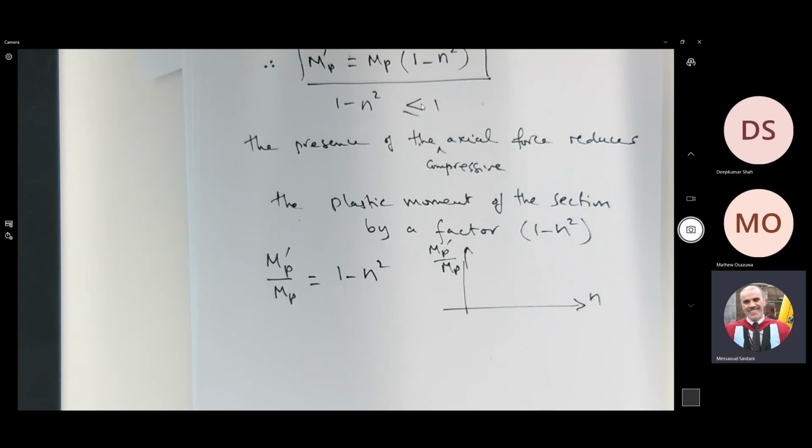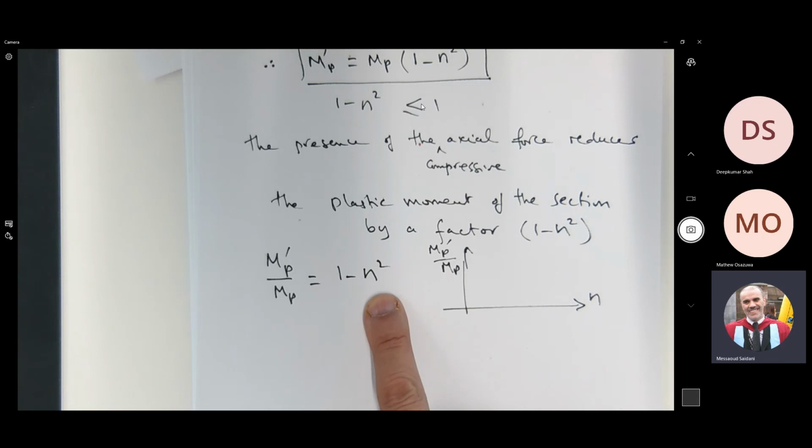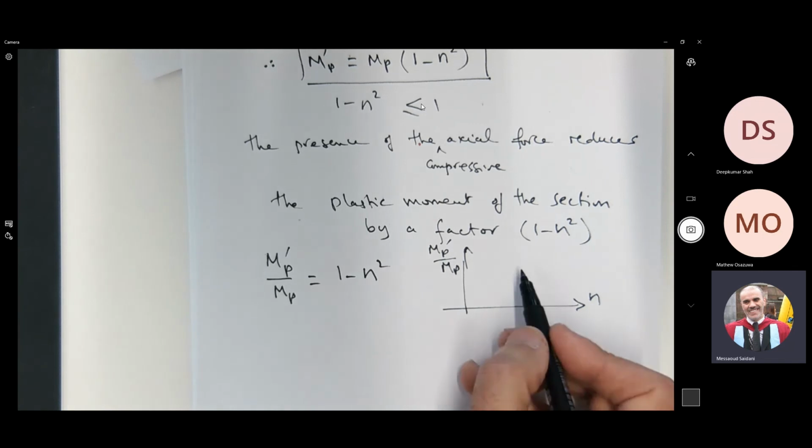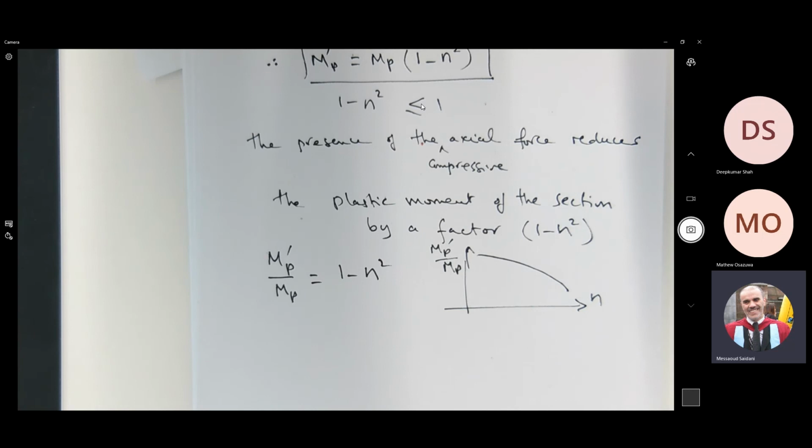What do you get if it's n squared? What shape? Parabolic, because you've got n squared. So if you plot MP dash over MP, you should get a parabolic line. I think you get something like this. Check it. Take a few values and do it for yourself. Any questions?